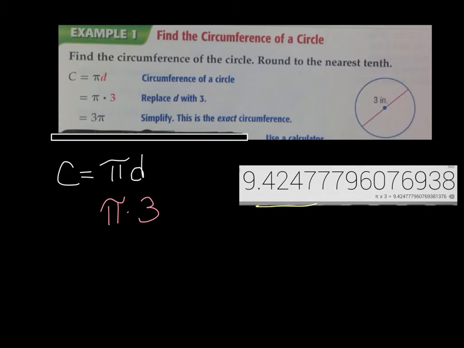And once I did that on my calculator, here's the number I've got, but I can see that I'm rounding to the nearest tenth. So I'm taking a look at my tenths place, the number right next to it, the hundredths, is 4. So the circumference in this is going to equal 9 and 4/10, and it's inches was my label.